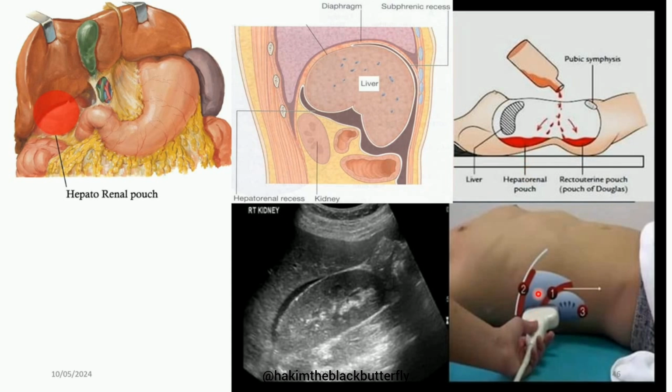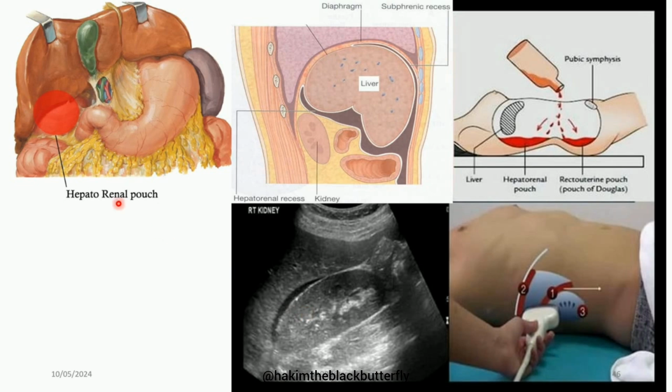And once you scan this area to look at the right lobe and the right kidney, yes, you'll see that pouch, that hepatorenal pouch or that Morrison's pouch. Normally it contains some fluid. If the patient has ascites or any other pathological condition resulting in so much fluid production, the fluid here is going to be so much, between the liver and the right kidney.